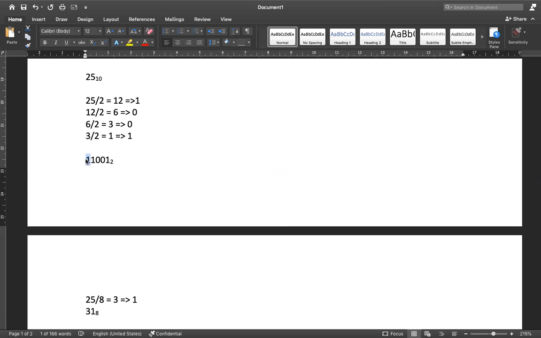You have a table of 2 to the powers, then you add and find out what forms 25. Which combination forms 25? You can just start from 1 lower than 25. 1 lower than 25 means the number is 16.